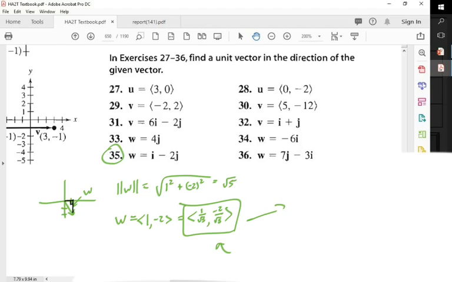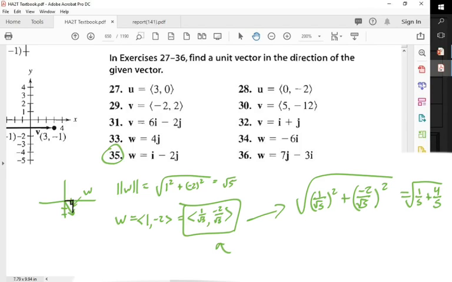Here, watch. Let's test it. Let's go 1 over rad 5, and let's square that. Then we add to that negative 2 over rad 5, squared, and then we square root that because we're trying to find the length. So we would get 1 over 5 plus 4 over 5. Negative 2 times negative 2 is positive 4, and rad 5 times rad 5 is 5.